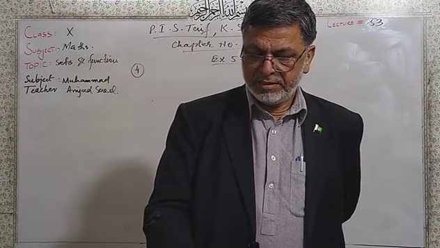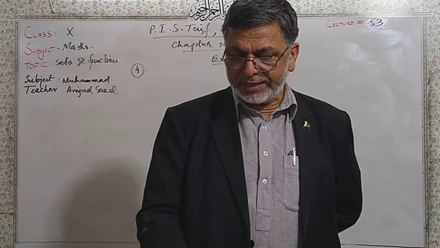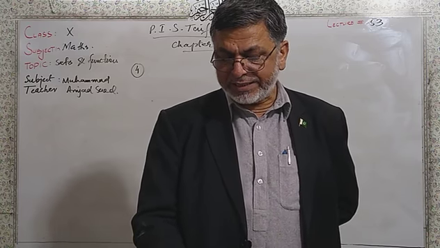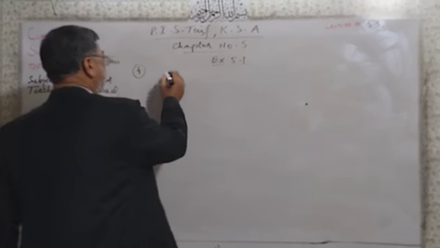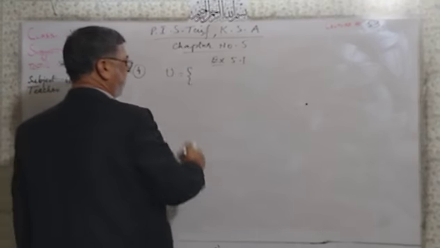Universal set is x such that x belongs to N and x is greater than 3 and less than or equal to 25. Dear students, I am tabulating these values.